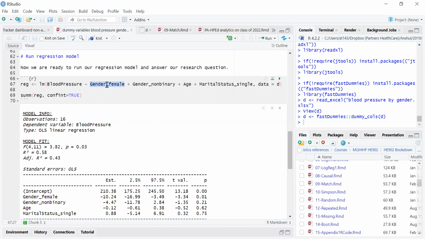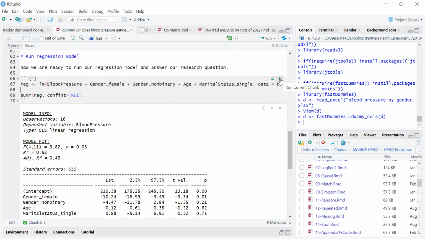I've decided to include gender female and gender non-binary and leave out male, because as I just told you, the computer does not need to know all 3 columns. And then we're going to include the age variable, which is already a continuous numeric variable. And then we're going to include marital status single. And then we're going to look at a summary of the output.